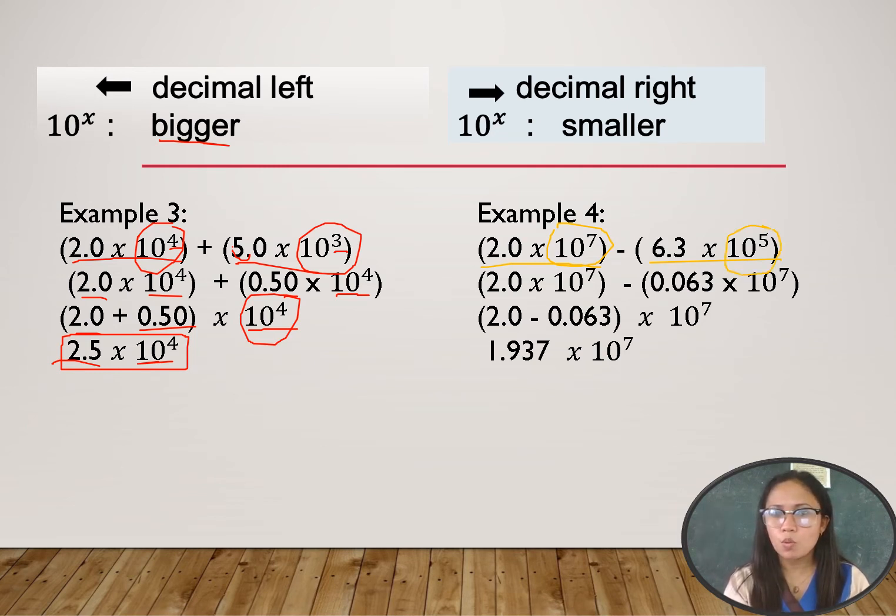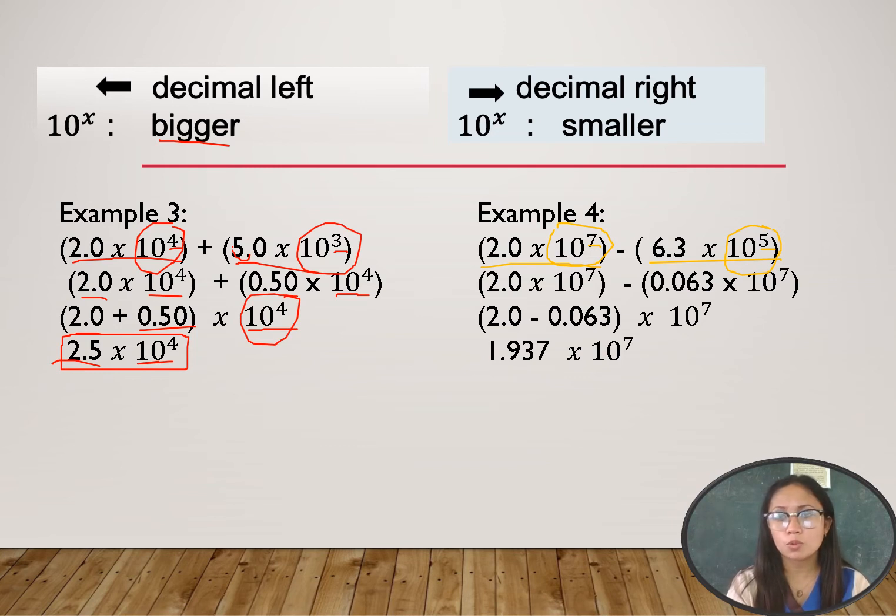So for this one, we have 7 as the exponent, and for this one, we have 5 as the exponent. Notice that they have different exponents. So we'll find ways on how to make these second factors equal or the same. We can choose any of the two expressions.